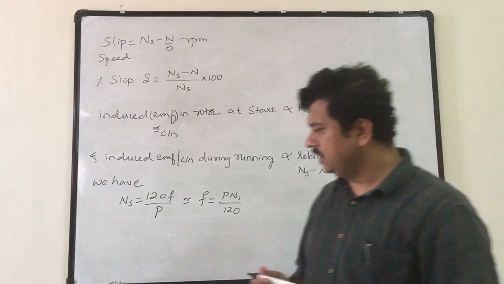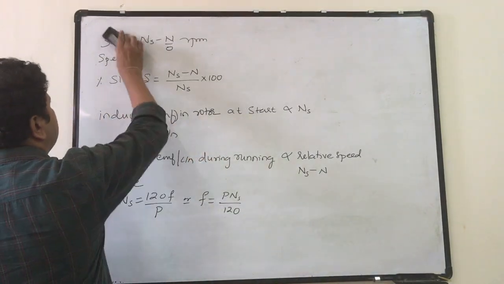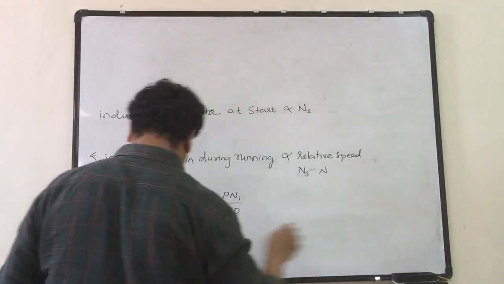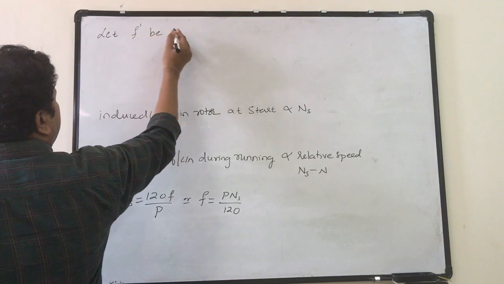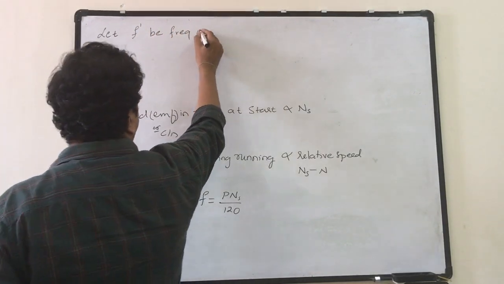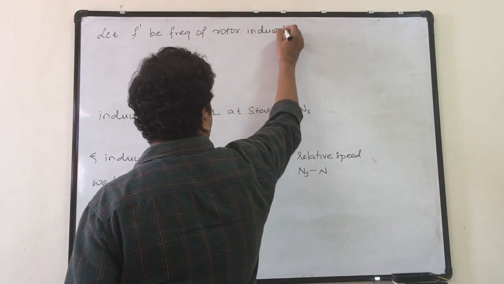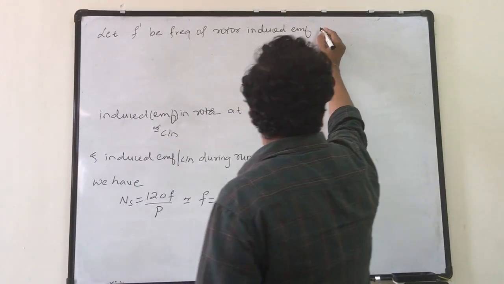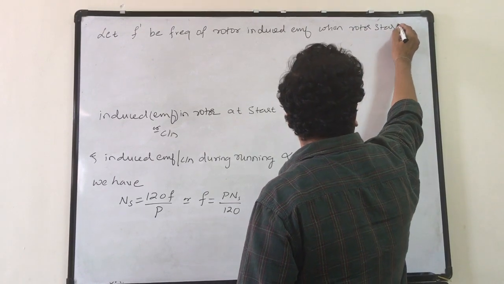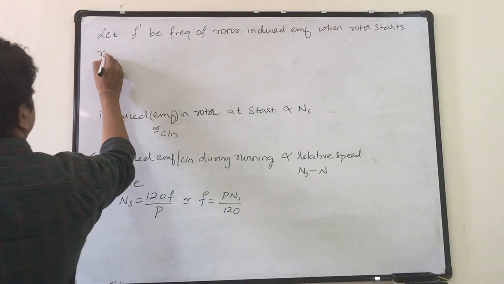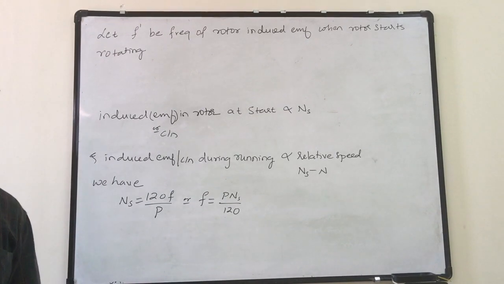So what we can say is, let f dash be the frequency of rotor induced EMF when the rotor starts rotating.